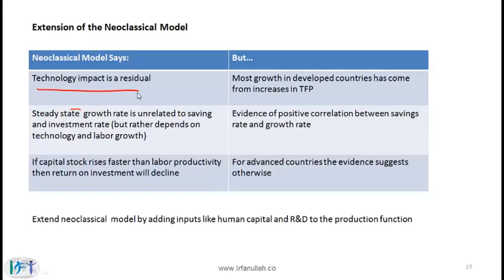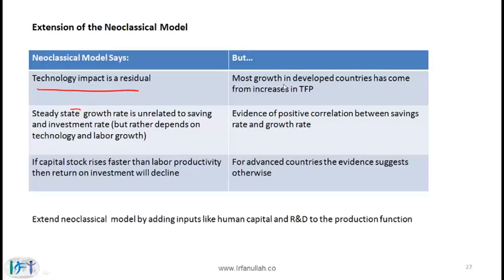What that means is this model looks at factors such as labor and capital, and then it looks at growth, and whatever growth cannot be explained by factors such as labor, capital, etc. is then attributed to increases in efficiency or increases in total factor productivity, which is loosely called technology. And if we look at what's happened in developed economies over the last several decades, most of the growth has come because of technology.